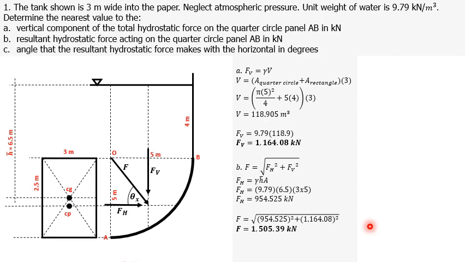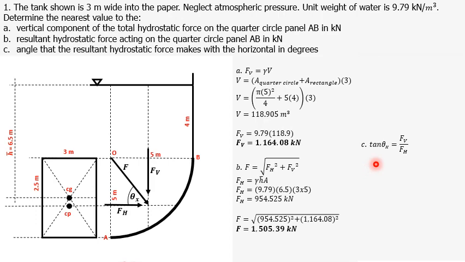Therefore, our resultant hydrostatic force is equal to 1,505.39 kilonewtons. And finally, for letter C, we are asked to solve for theta x, or the angle that the resultant hydrostatic force makes with the horizontal.